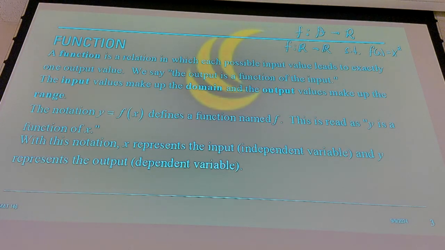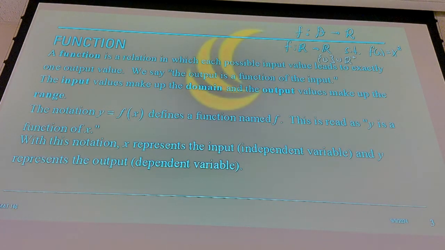If I wanted to write it that way, I'd have to write it. 0 union with the positive real numbers would be the range.